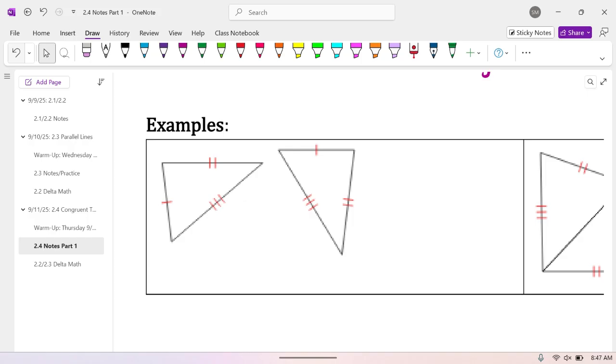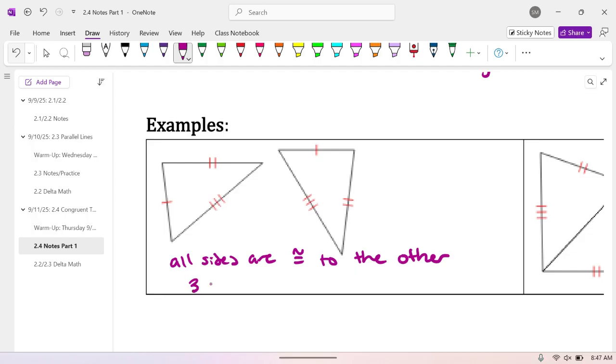Because if you think about it, if you connected those sides like in real life, like say I connected these markers, you know they're different sizes, so I just connected them. All right. No matter what orientation or order I put these markers in, they'll always form the same angles. So that's why these are congruent. So all sides are congruent to the other three sides.